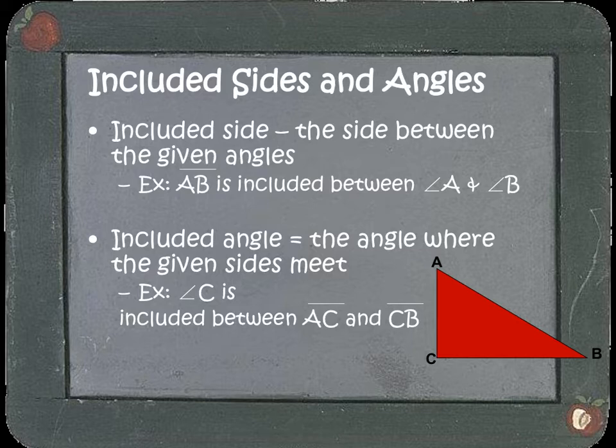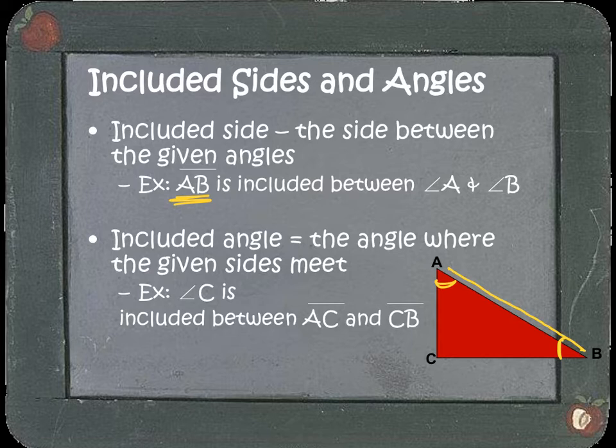So for example, if I'm talking about included angle C, I'm talking about the 2 sides that make up that angle. In reference to the red triangle down here, when I'm talking about the included side, I'm talking about side AB, which is here, the side that's in between angle A and angle B. If I just said find a side, I could say AC or BC, but when it's referring to an included side, they're going to reference the 2 angles that are there.